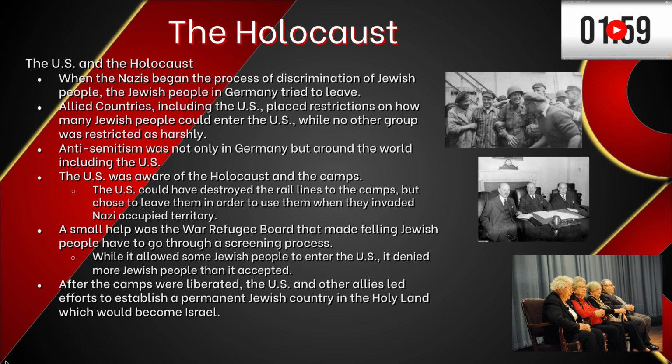There was a limited number that the United States would accept during the war, and the number of Jewish people allowed in on a yearly basis was such a small number. No other ethnic group had that number attached to it. This is in part because at that time, and unfortunately still even today, anti-Semitism is rampant. People have a hatred for Jewish people and want to discriminate against them.